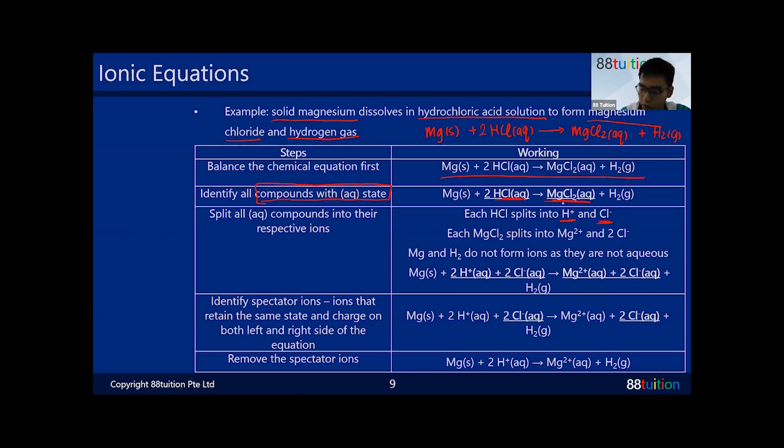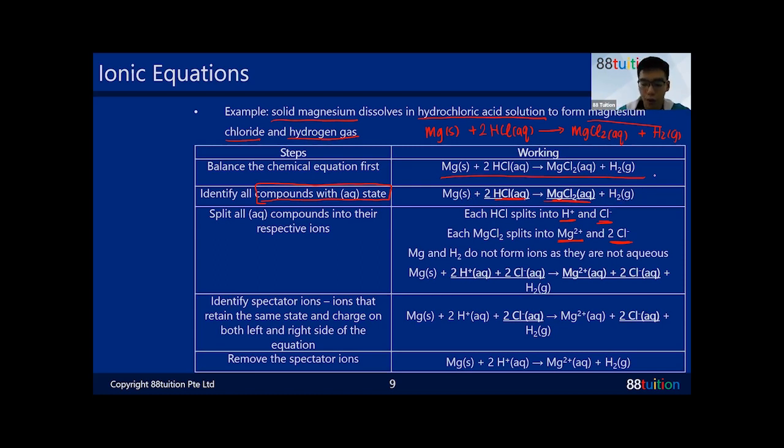Every MgCl2 splits up into one Mg2+ and two Cl-. The remaining ones that are not aq, Mg solid and H2 gas, will remain the same.